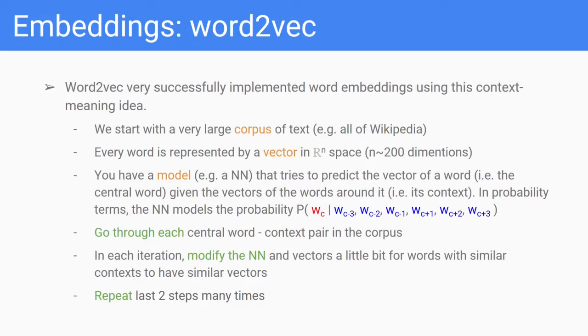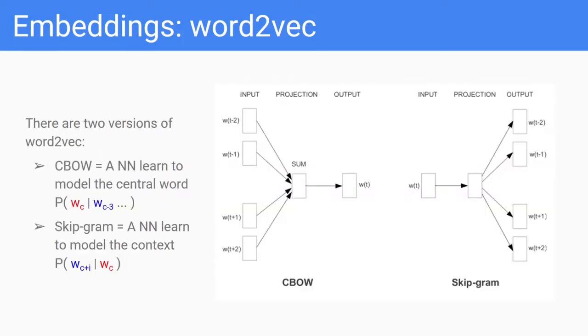Every time you go through each central word, you modify the neural network a little bit in order for it to capture that probability a bit better, over and over until it kind of saturates. And then you repeat the two previous steps over and over again until you get the best performance. At some point, the neural network will stop being able to further improve, or it might even start overfitting, but that happens with all algorithms.